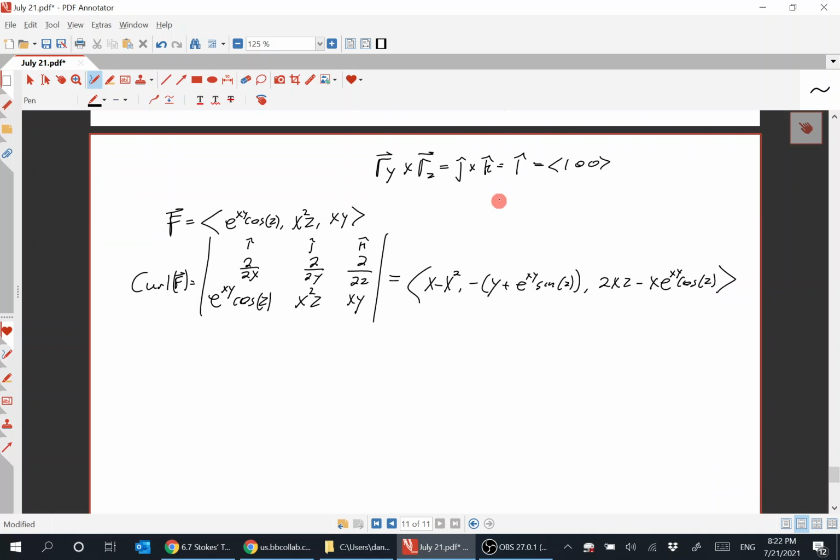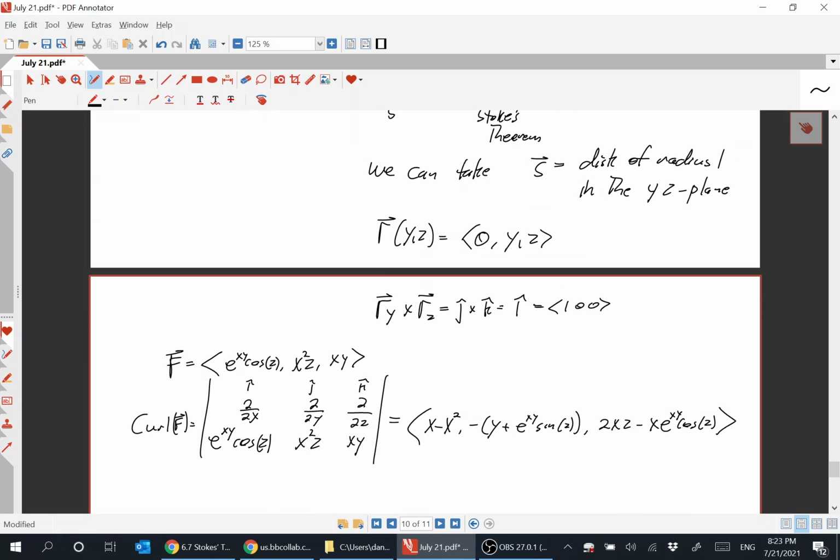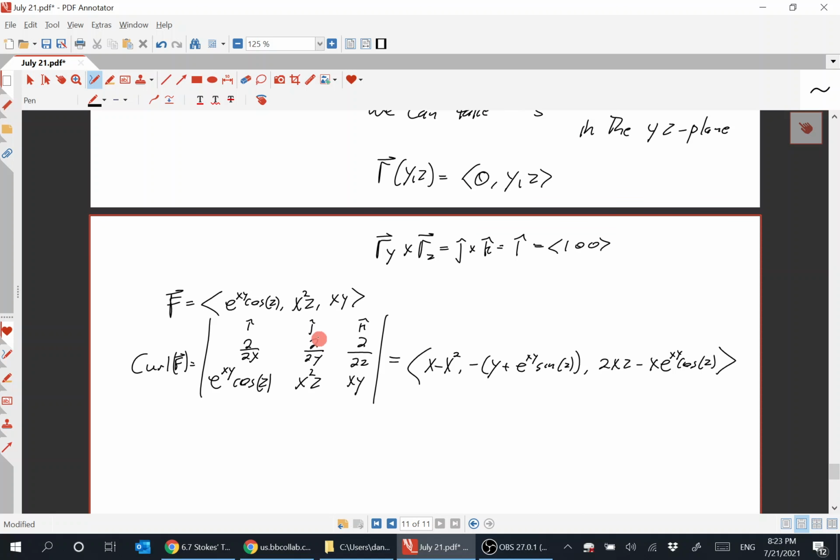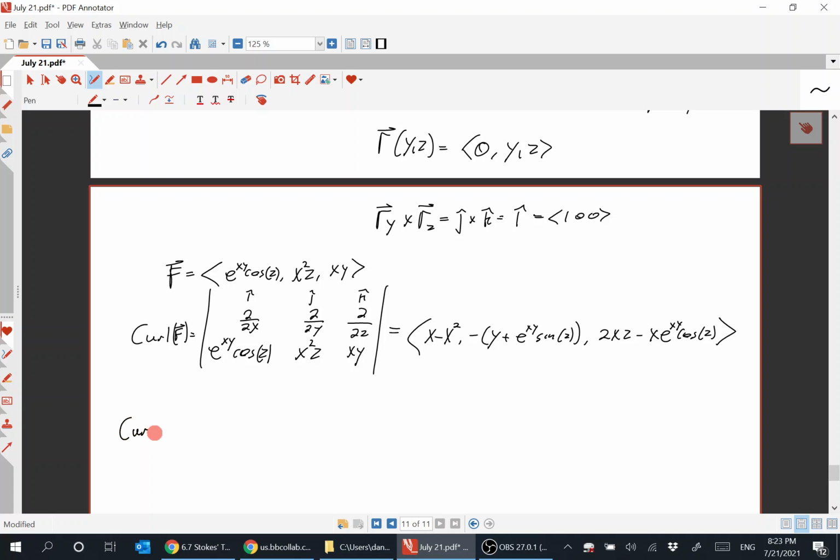So again, pretty nasty looking. But this is curl of f. So curl of f along r_y, r_z is what? This is the curl, and it's this ugly, yucky thing. The curl along r of yz: x is 0, so that's 0.